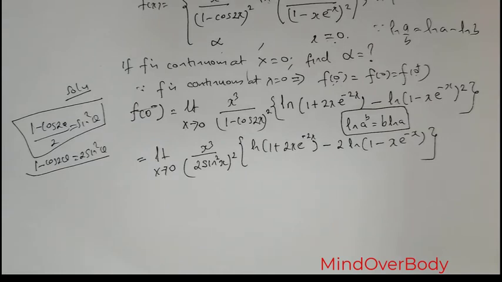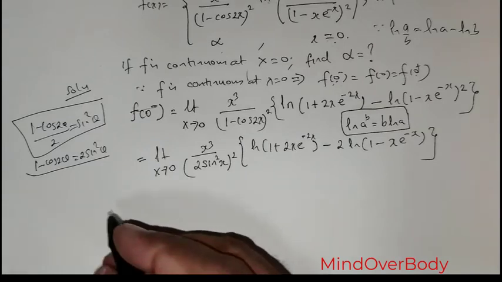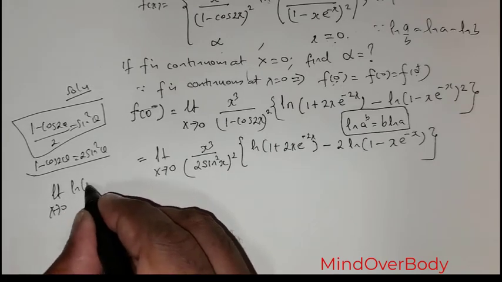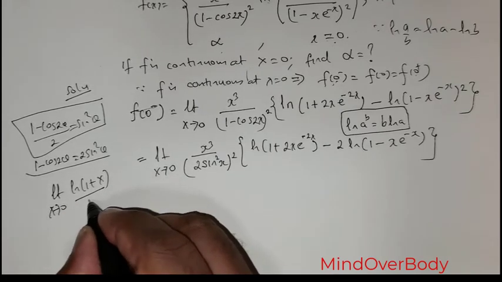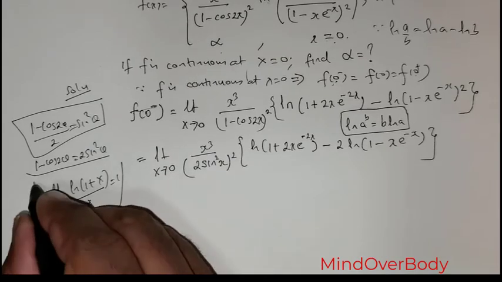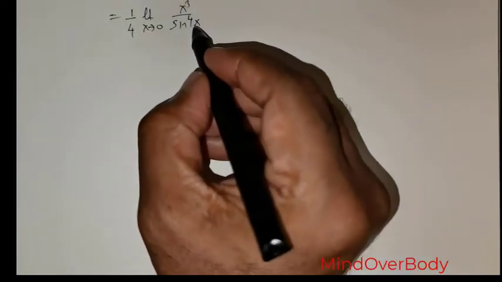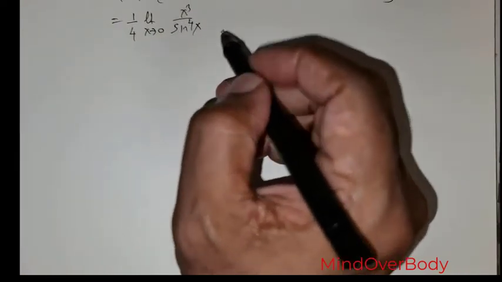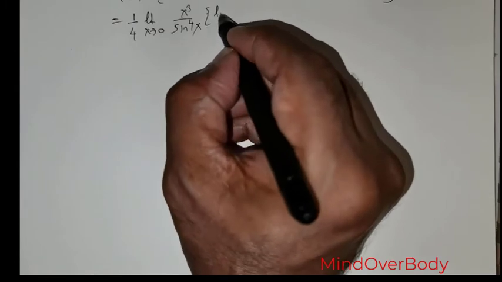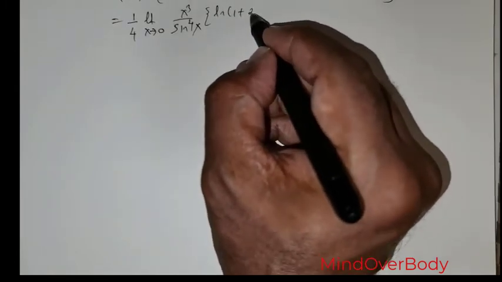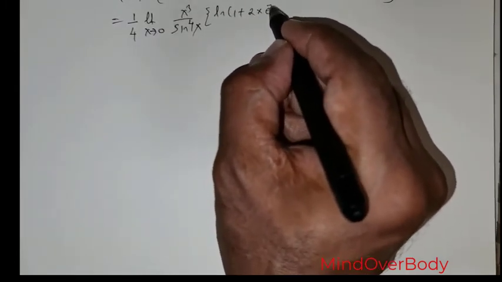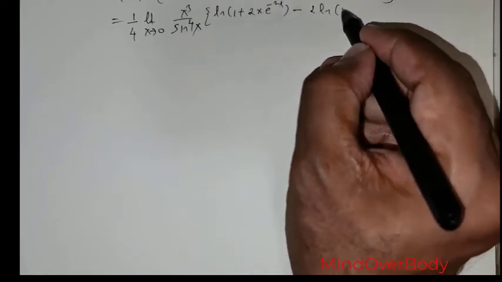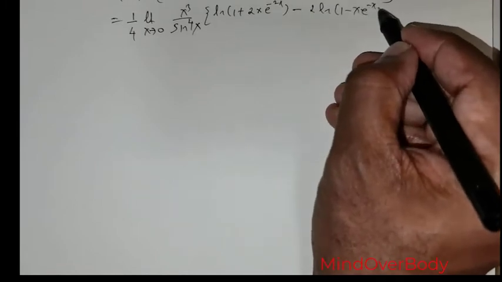Now I would like to use the property that as x tends to 0, ln(1 + x) divided by x is equal to 1. If we expand the terms, I would get x³ over sin⁴x times ln of (1 + 2x)e^(−2x) minus 2 times ln of (1 − x)e^(−x).